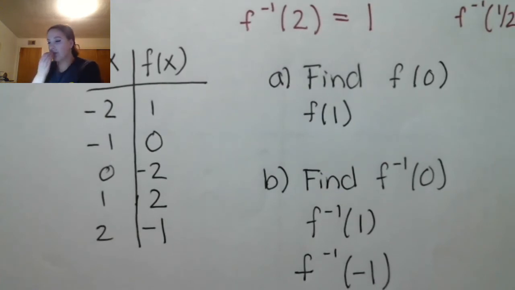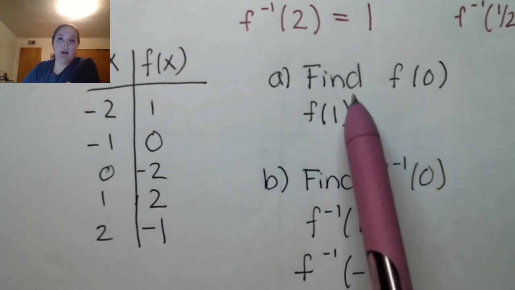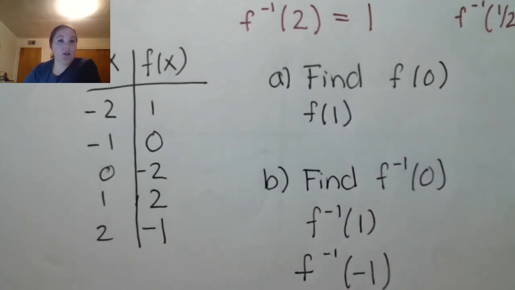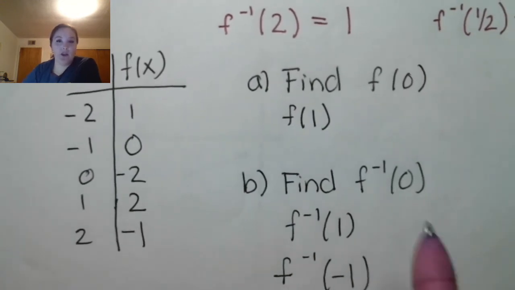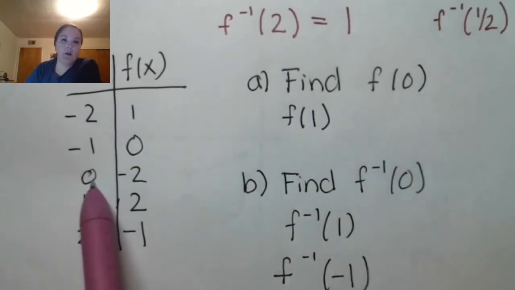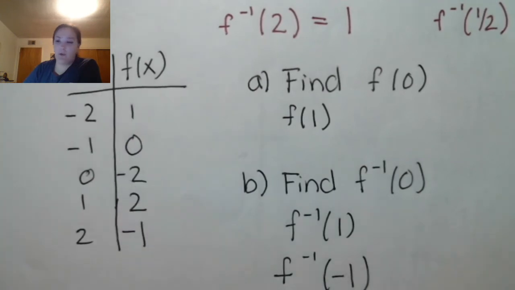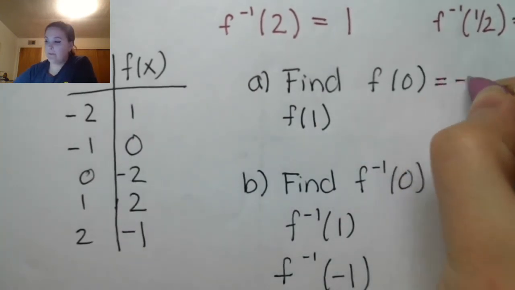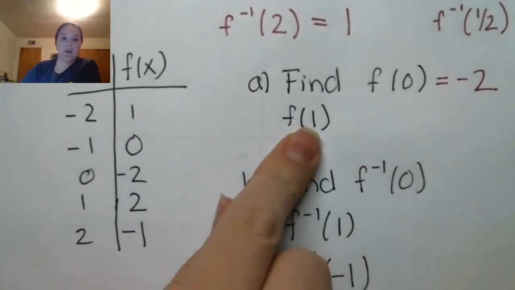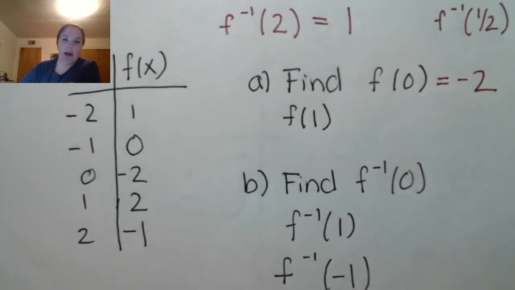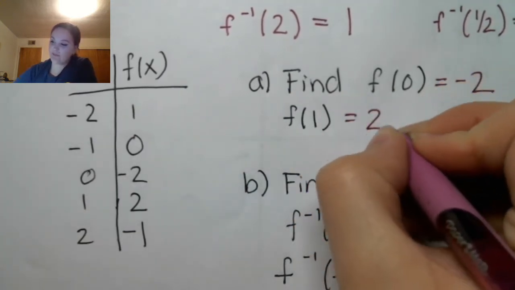All right, so now that you have your own answer, part A is just the normal stuff that we did at the very beginning where you're evaluating this function. So the input is 0, and we're giving the corresponding output -2. Here the input is 1, we give the output 2.